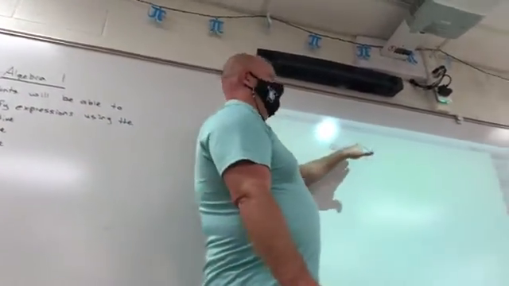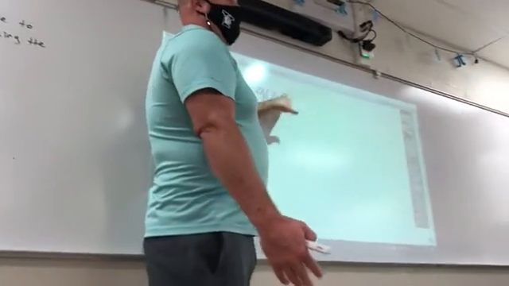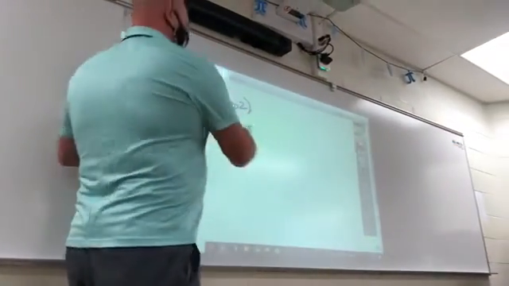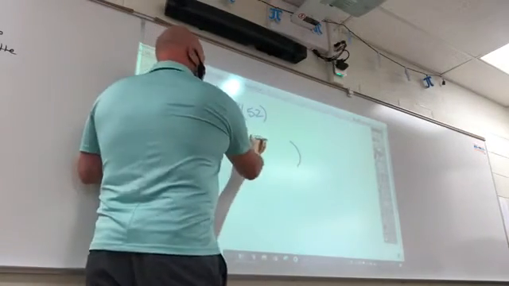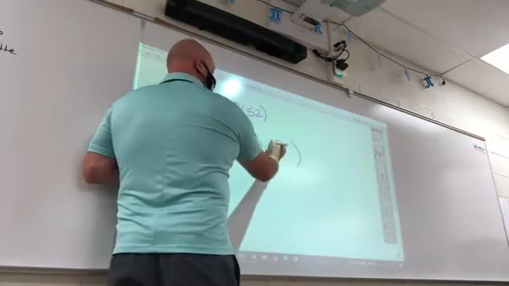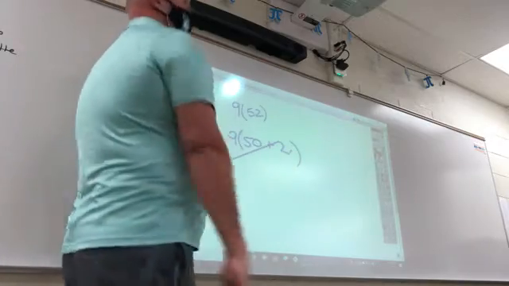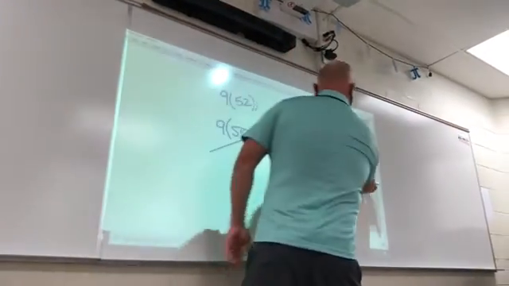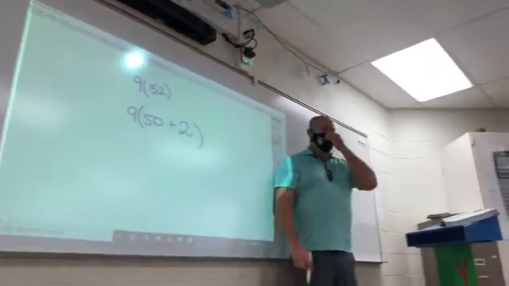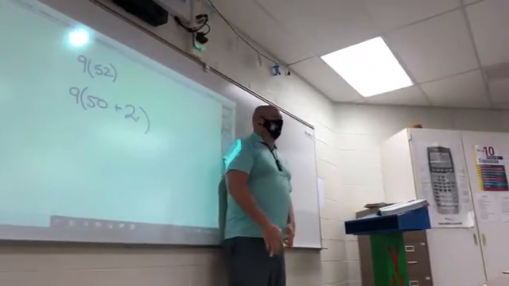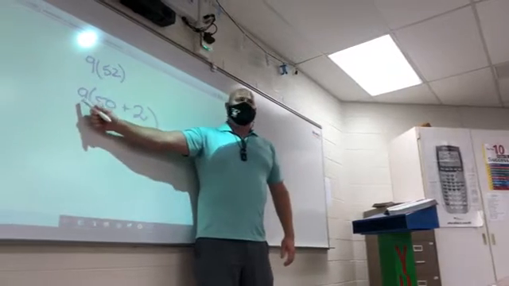We said yesterday, what is another way to think about 52? That's the same thing as 9 times 50 plus 2. Okay. So I want to see you break that apart. And then I also want to see, what is 9 times 50?